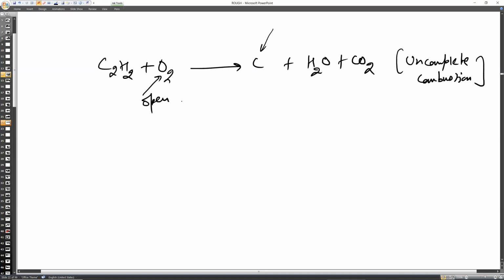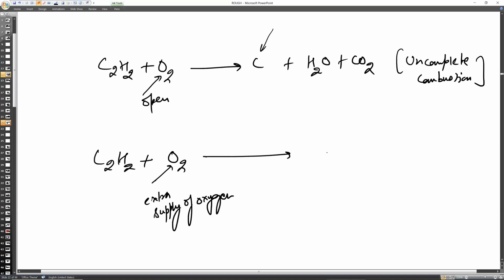So when we provide an extra supply of oxygen, then what is going to happen? Then it will burn completely with no residue of unburned carbon particles, and a large amount of heat will be produced.